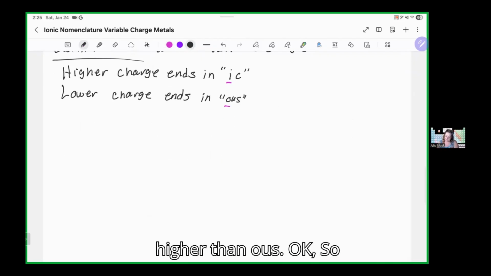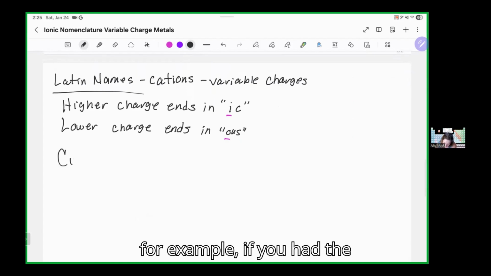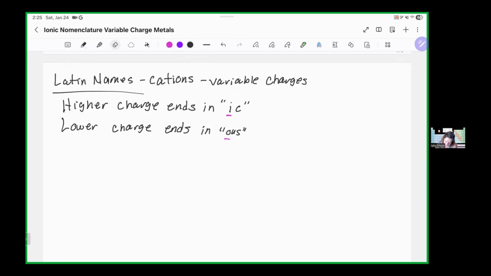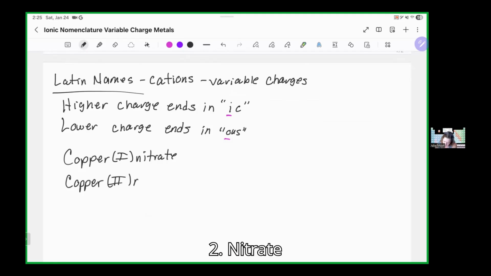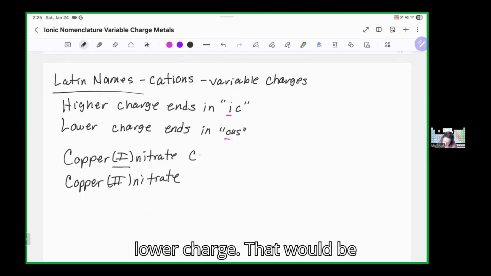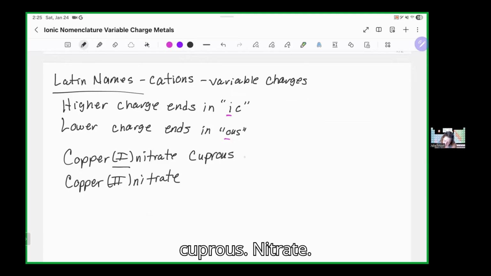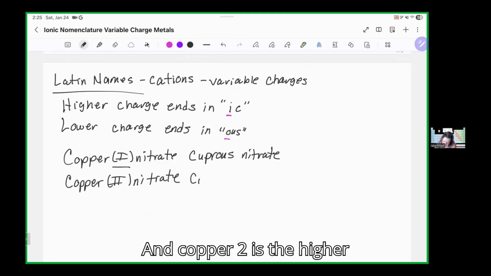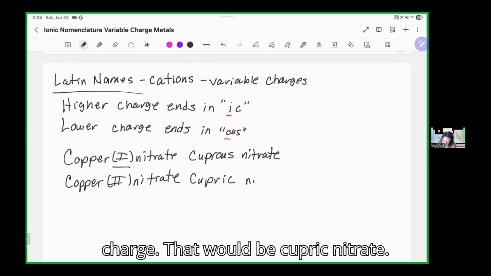Okay. So for example, when I had copper 1 nitrate and copper 2 nitrate, copper 1 is the lower charge. That would be cuprous nitrate. And copper 2 is the higher charge. That would be cupric nitrate.